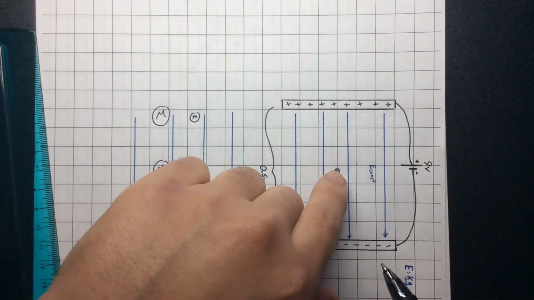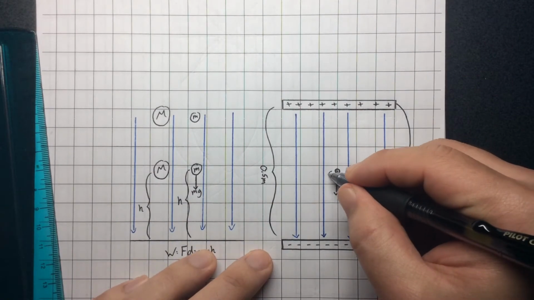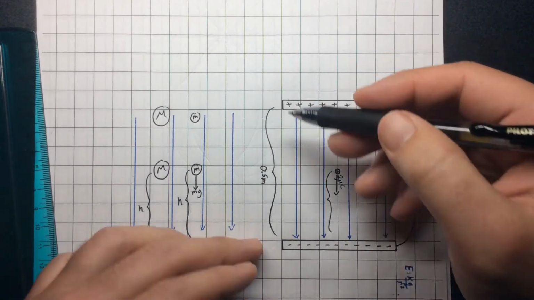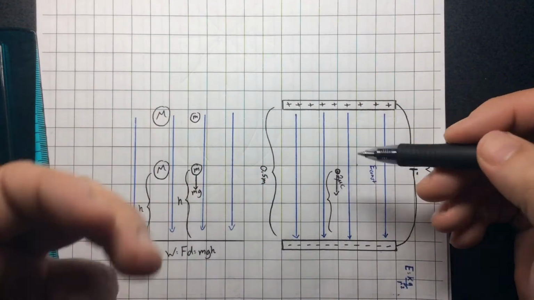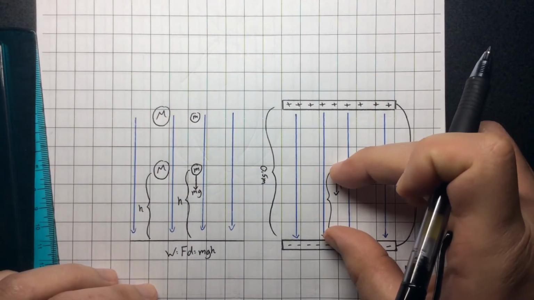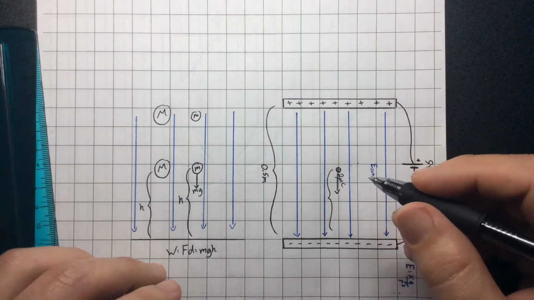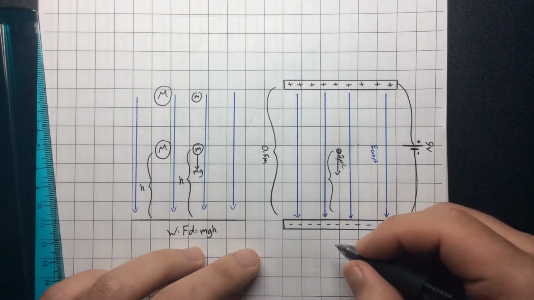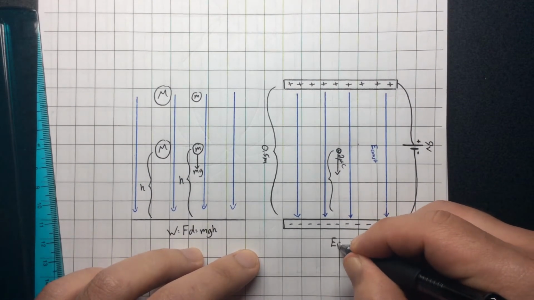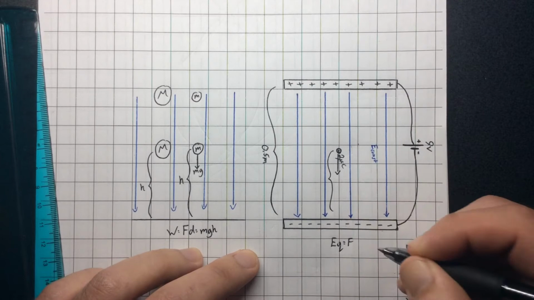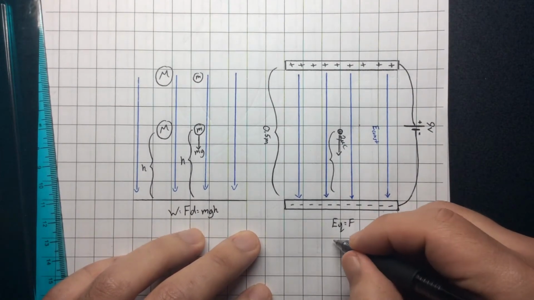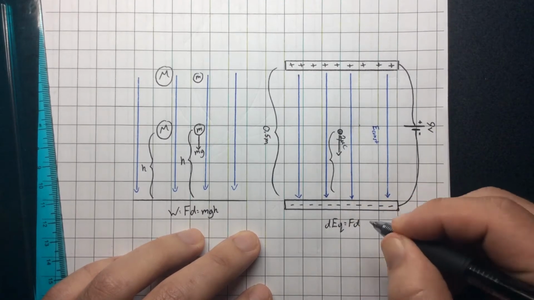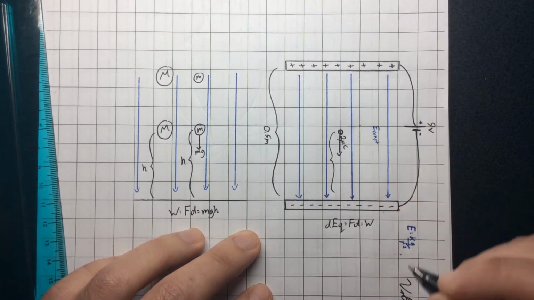So let's throw it back over here. If I place a positive charge right there, it has a distance to go, maybe 0.25 of a meter to get down here. If you place the charge in a field, you should get a force, and if that force acts for a distance, you get some amount of work.